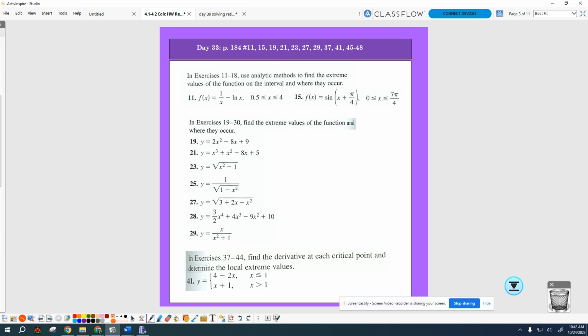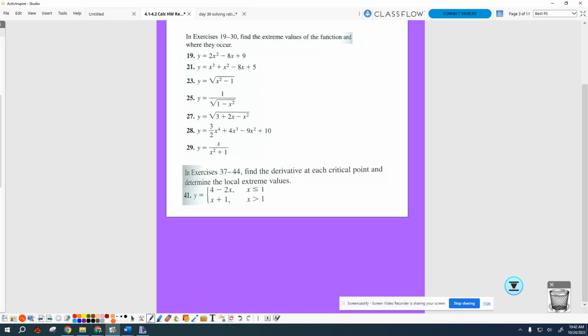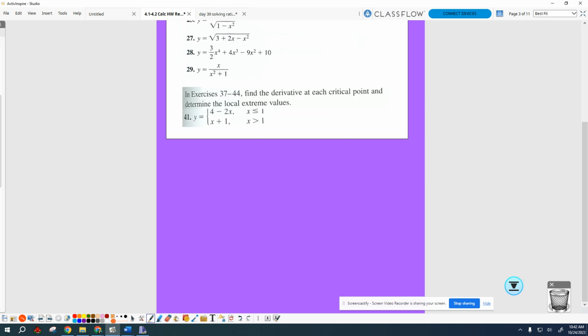For 41, it's like a straight line. Does that mean that there's no maximum? Okay, couple ways to do 41. It's two straight lines coming together. Is it continuous? That's my first question looking at this.